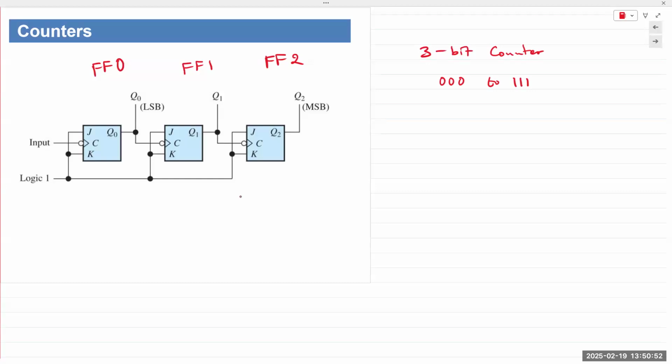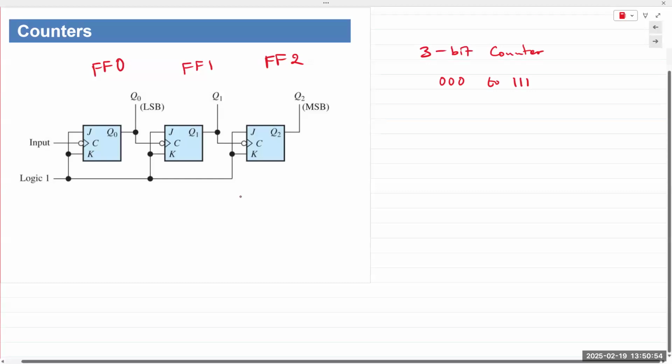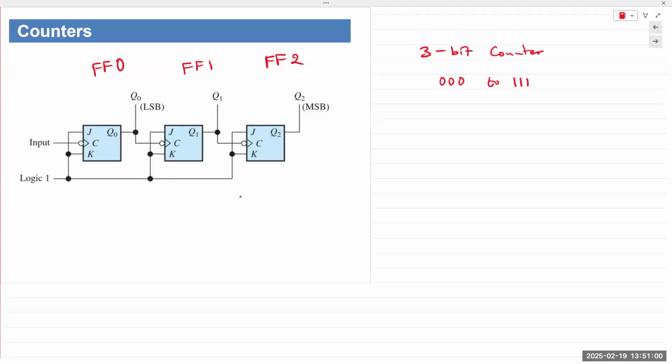Okay, this is also something that you would implement. I think there's experiment 7 in the lab. You build a counter circuit that counts from 0 to 9, 10 decimal digits, right? 0 to 9.